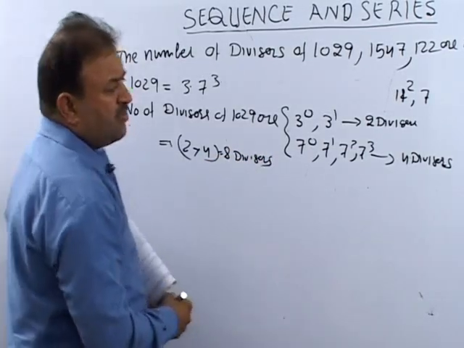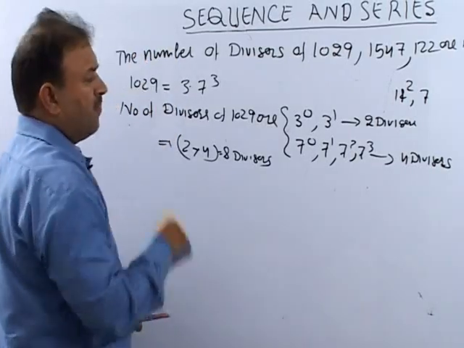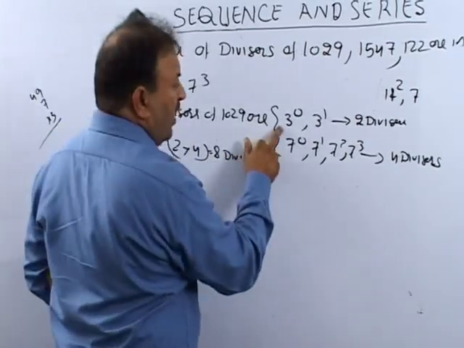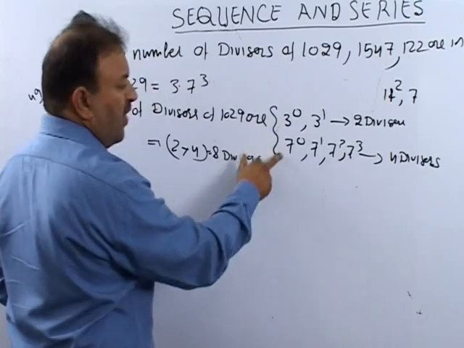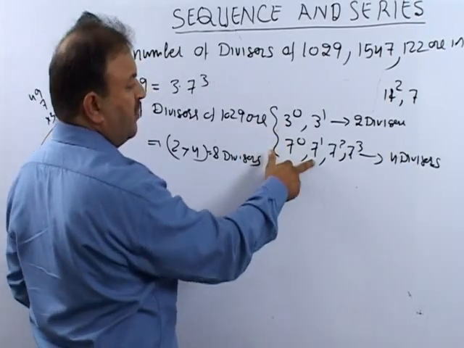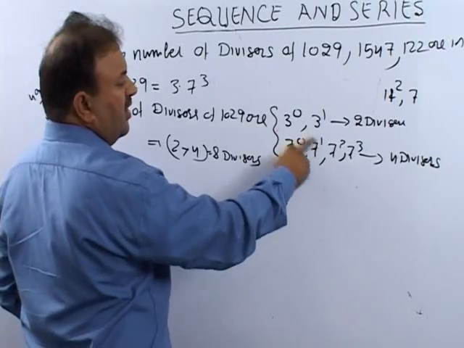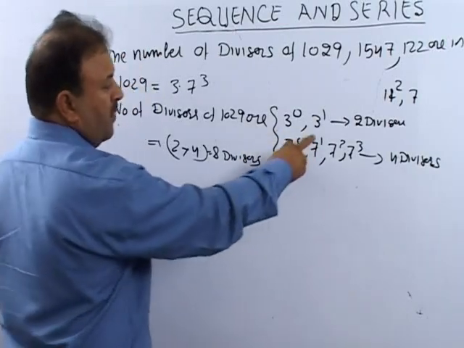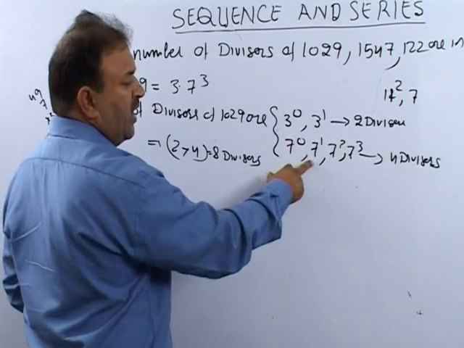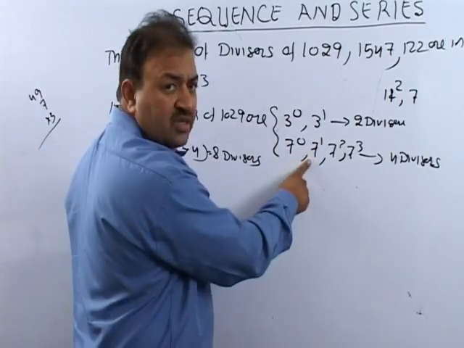A question arises: why did we multiply these two? Because when we take 1 into 1, we find 1 is a divisor. 1 into 49 is also a divisor. Taking 3 as an example: 3 into 1, 3 into 7 is 21, which is also a divisor.